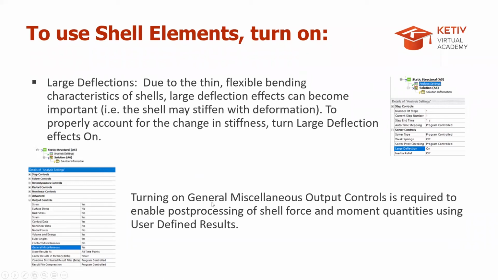And similarly, because of the slight differences in terms of force and moment quantities, if you're looking to use those in user-defined results, you may want to turn on the general miscellaneous output controls to enable post-processing for those particular options.